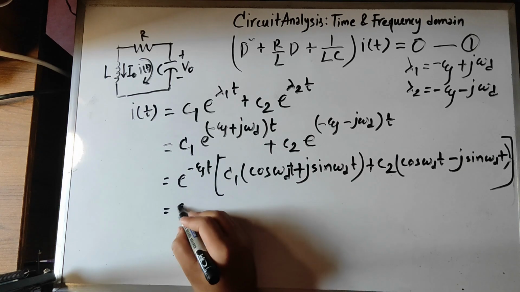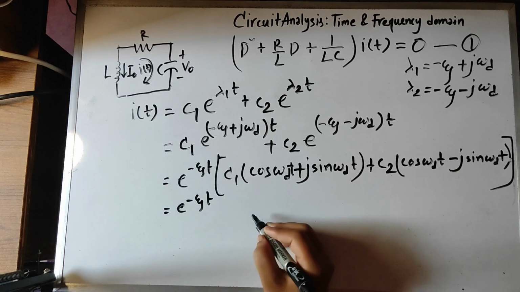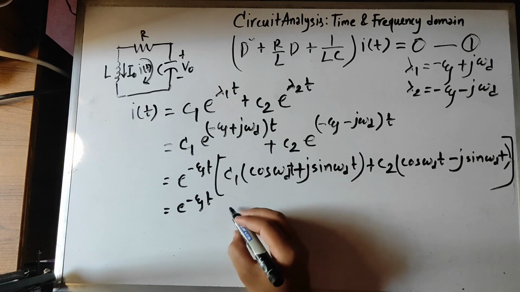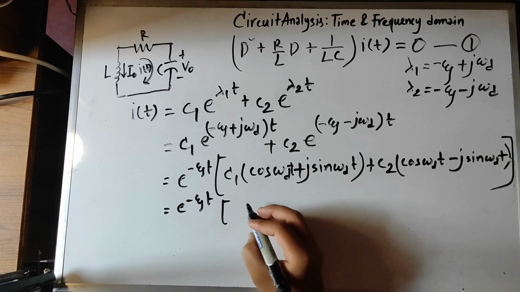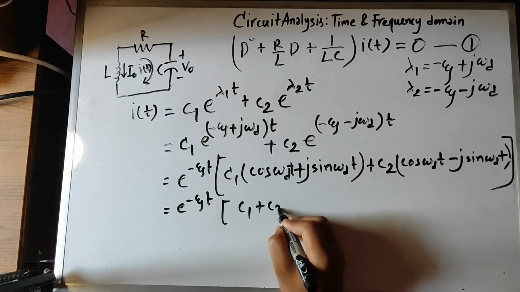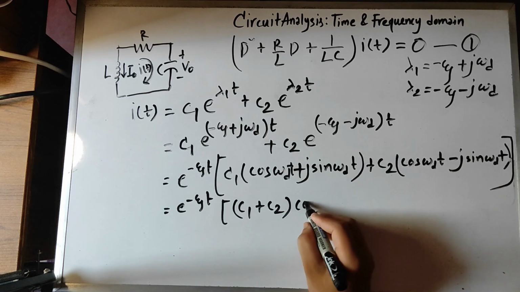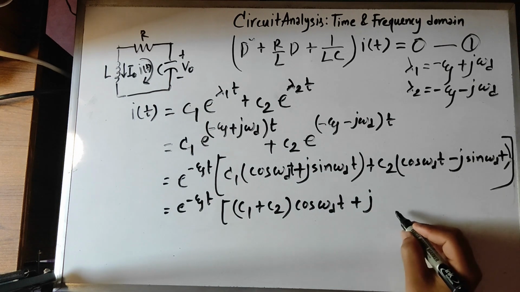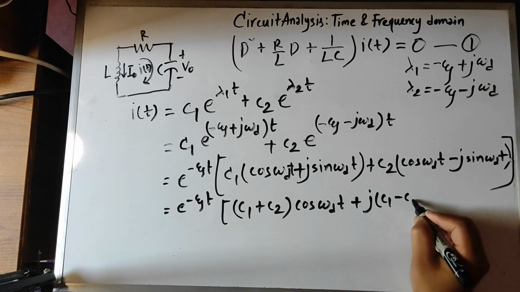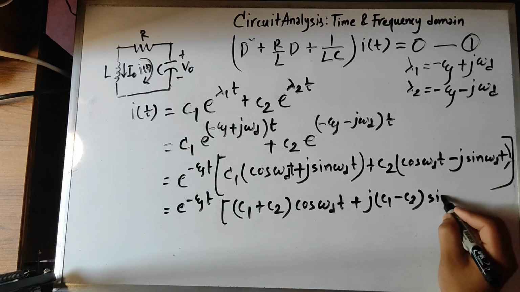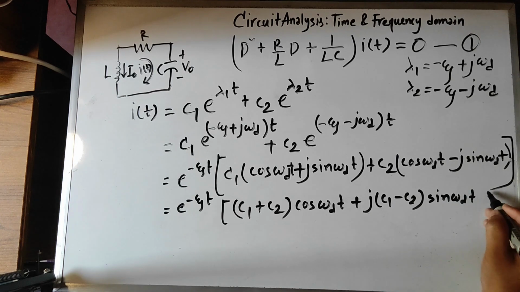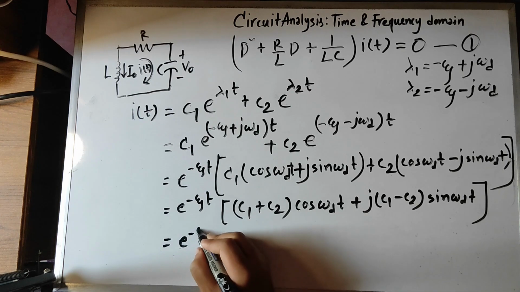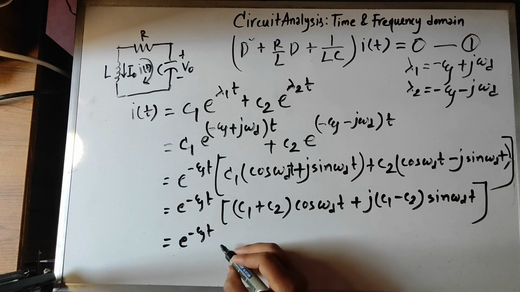now if we rearrange this further, we get exponential minus zeta t times C1 plus C2 cos omega d t plus j C1 minus C2 sin omega d t.